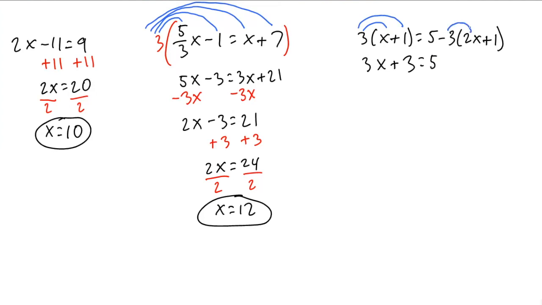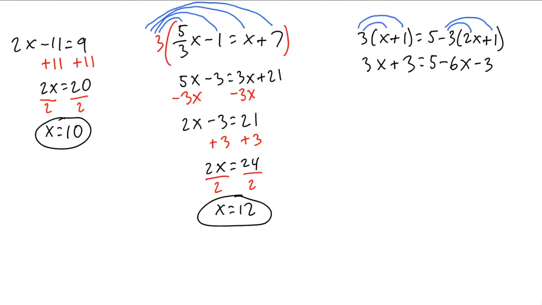Negative 3 times 2x, that's going to be a negative 6x. And negative 3 times 1 is going to be a minus 3.